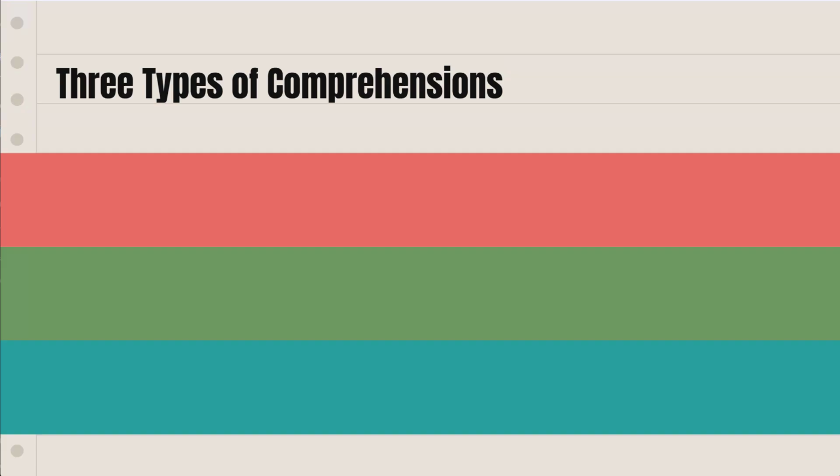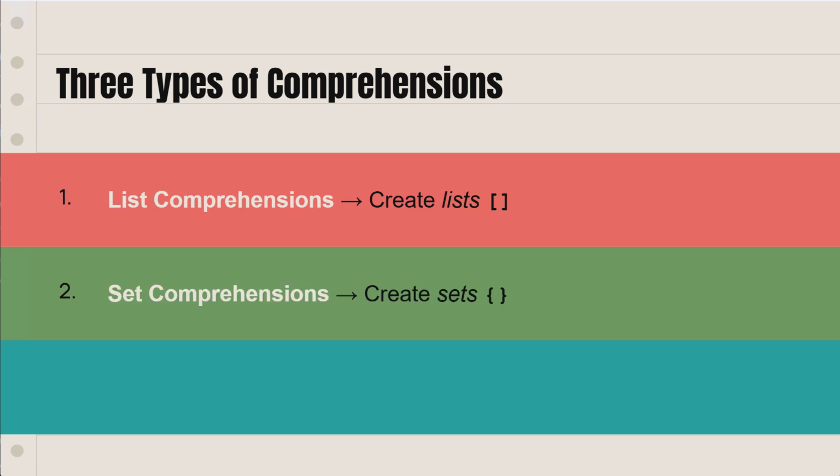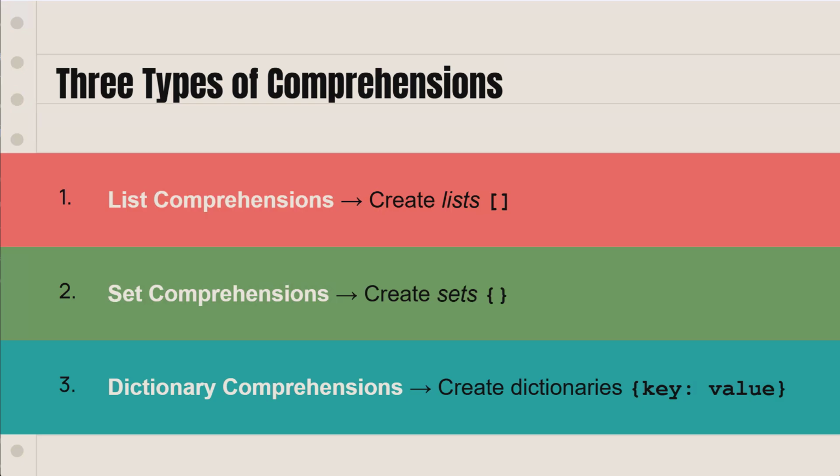There are three types of comprehensions: list comprehensions, which create lists, set comprehensions, which create sets, and dictionary comprehensions, which create dictionaries. And you'll notice in each of these, the way we enclose the collection is what differentiates the syntax.